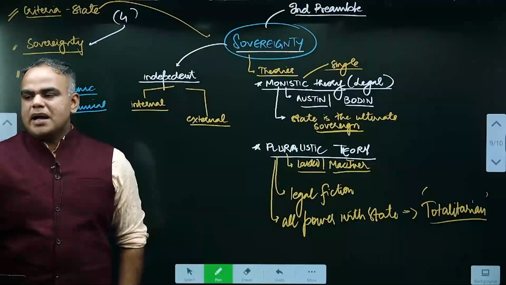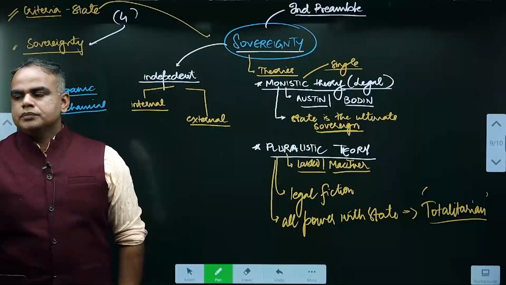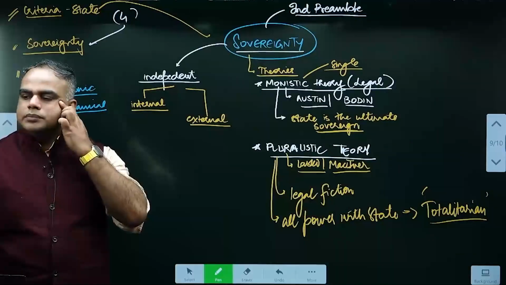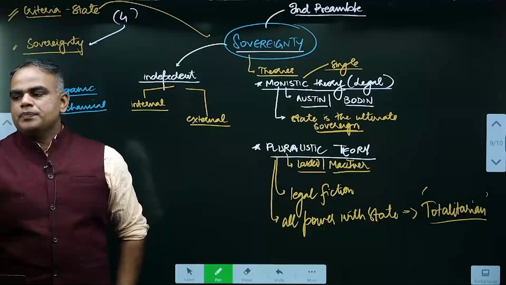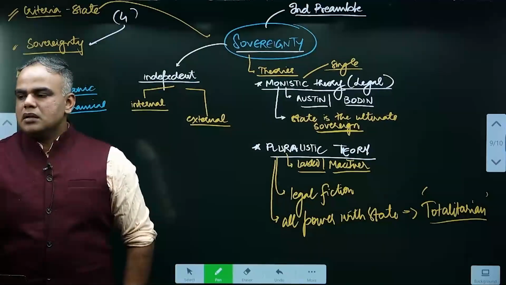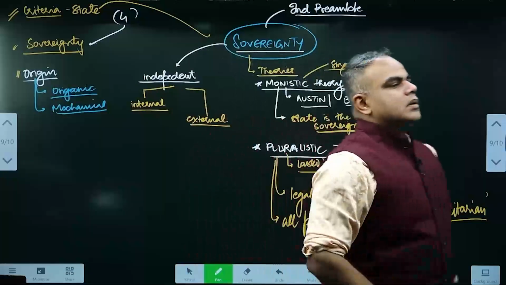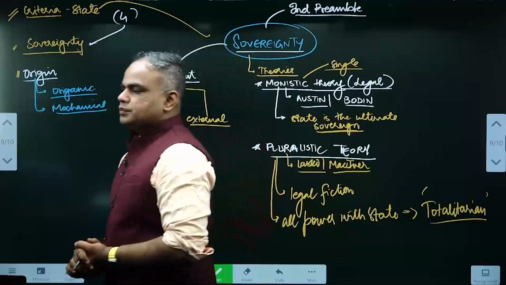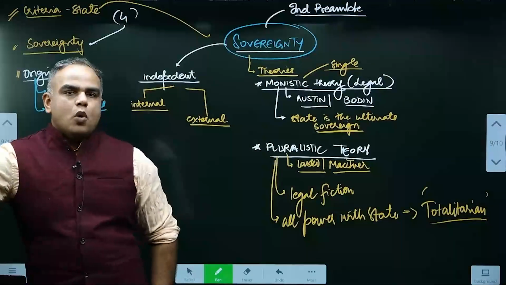In the modern times, Max Weber defined the state as the institution that possesses a monopoly over the legitimate use.